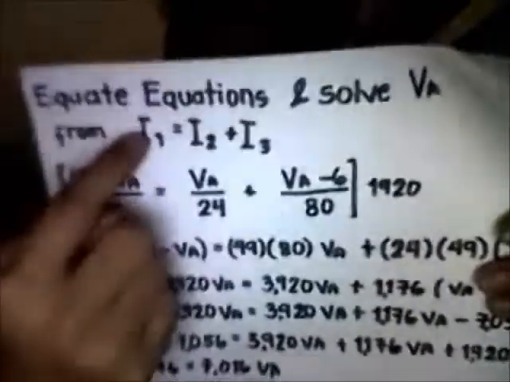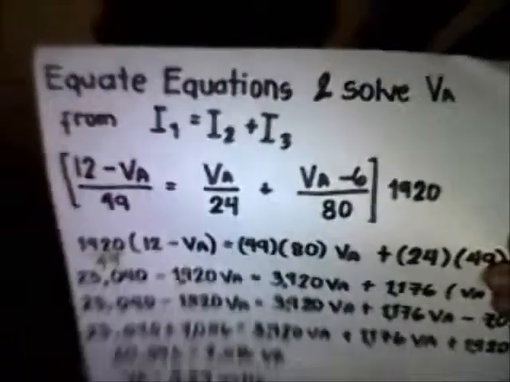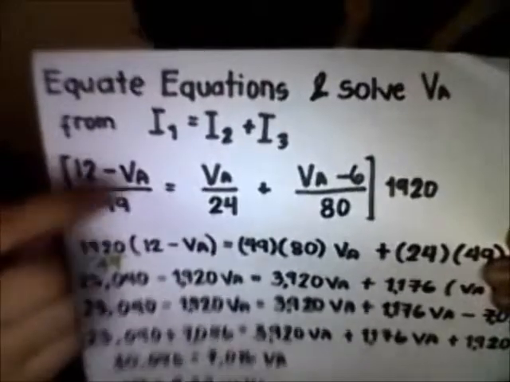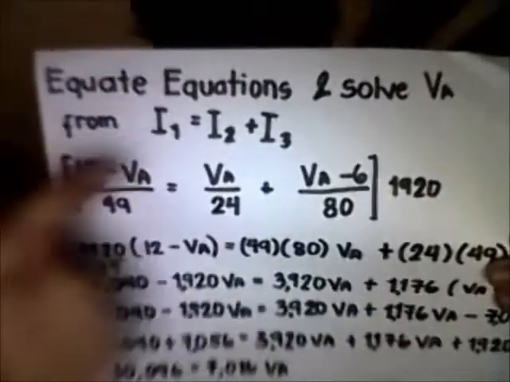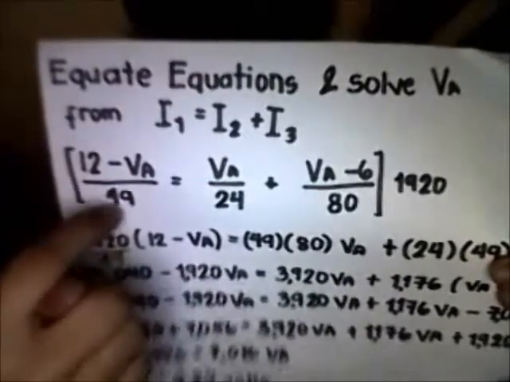But before that, let us equate the equations and solve for VA. From I1 equals I2 plus I3, we substitute the value of I1 that we solved earlier, 12 minus VA over 49.